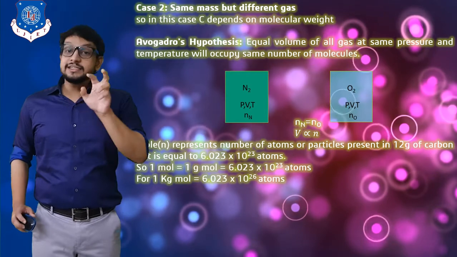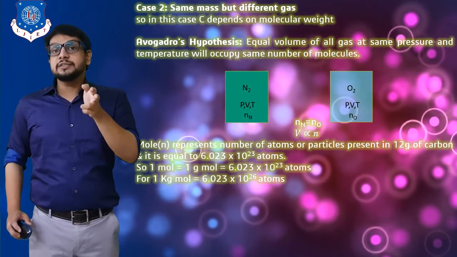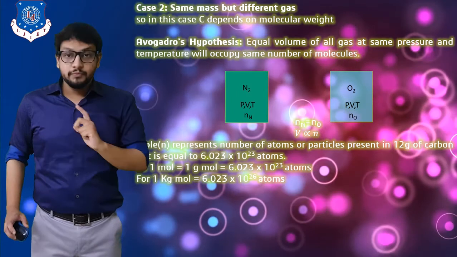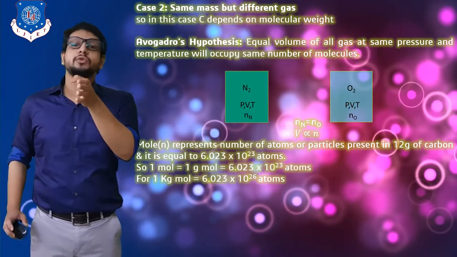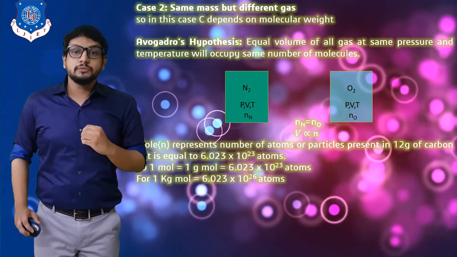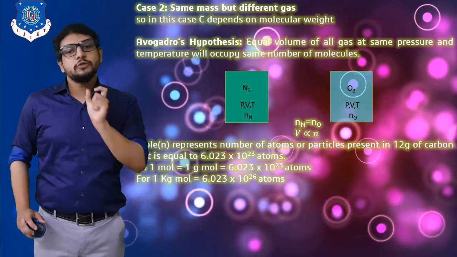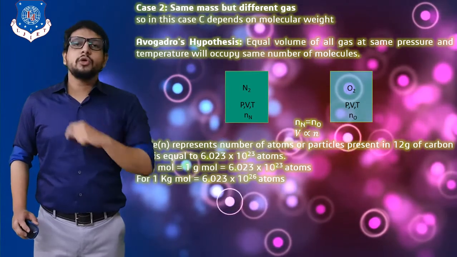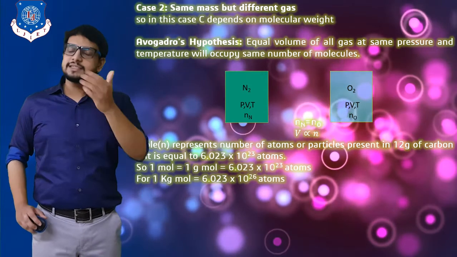Since it is for 12 gram carbon, 1 mole is also represented as 1 gram mole. So 1 gram mole is equal to 6.023 into 10 raised to 23 atoms. This is for 1 gram. So what will it be for 1 kg mole? For 1 kg mole, it will be equal to 6.023 into 10 raised to 26 atoms.